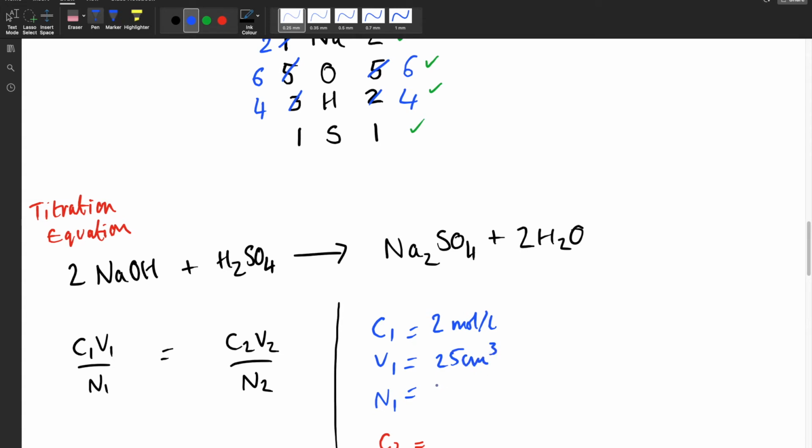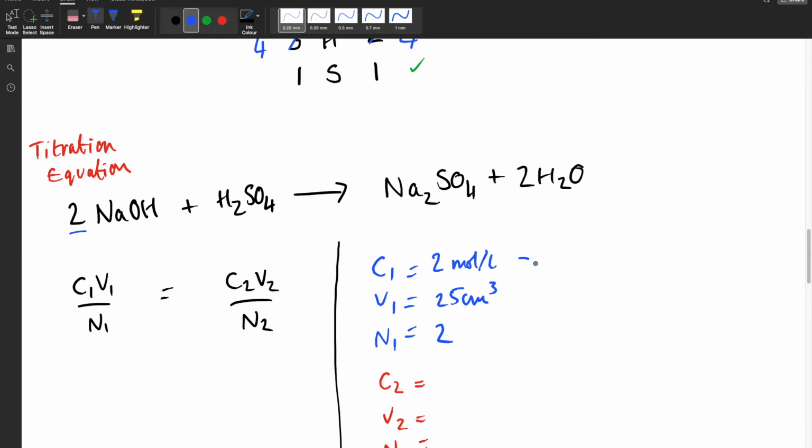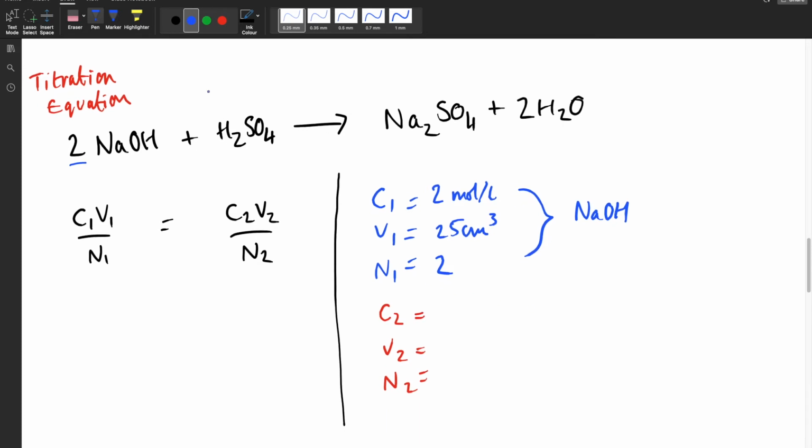Now we can also figure out the N as well. It has a 2 in front of it, which means that it is 2 there. And all of this here, remember, is talking about our sodium hydroxide, our NaOH. In red, we're talking about our acid here. Now we know that N2 is going to be 1 because there's no number in front of that.